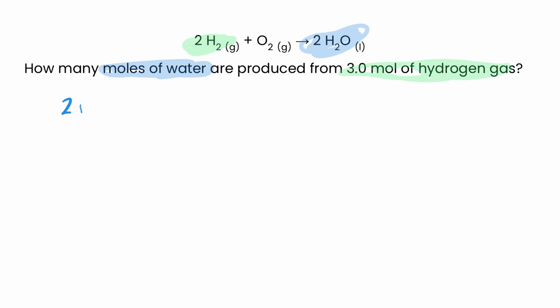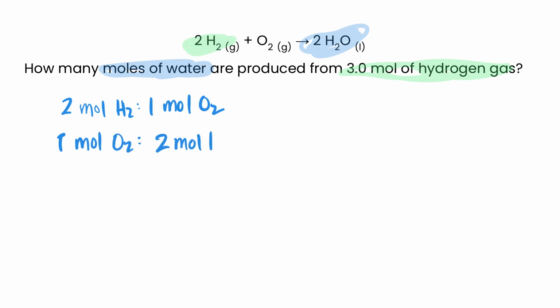We know 2 moles of hydrogen gas, for example, react with 1 mole of oxygen gas. We know 1 mole of oxygen gas produces 2 moles of water. And we also know 2 moles of hydrogen gas produces 2 moles of water.